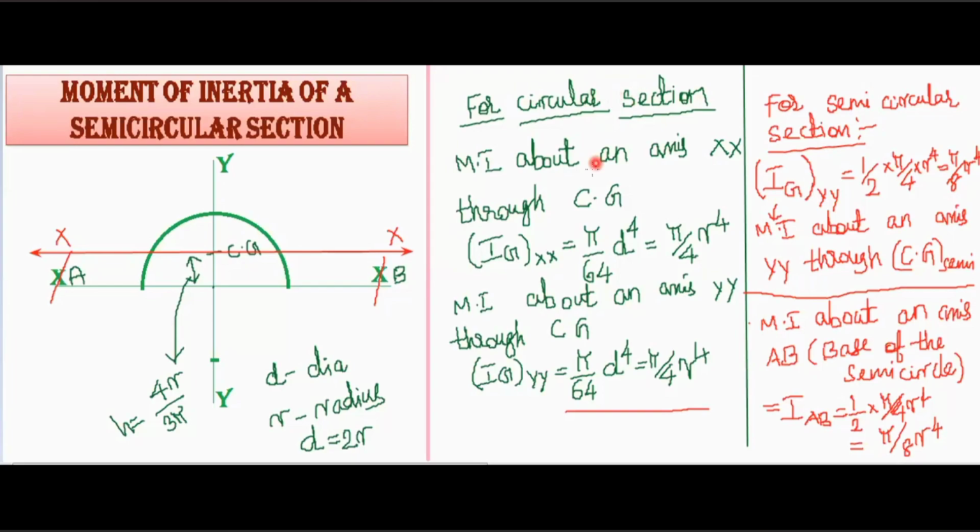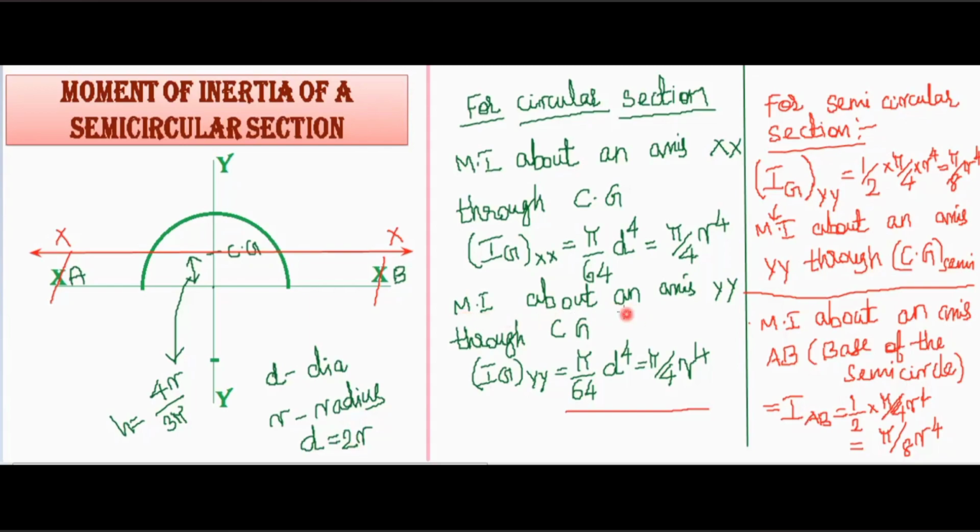For a complete circular section, moment of inertia about an axis XX through the center of gravity, IGXX, will be pi by 64 d power 4 or pi by 4 r power 4, where d is the diameter and r is the radius, and we know that diameter equals 2 times the radius.